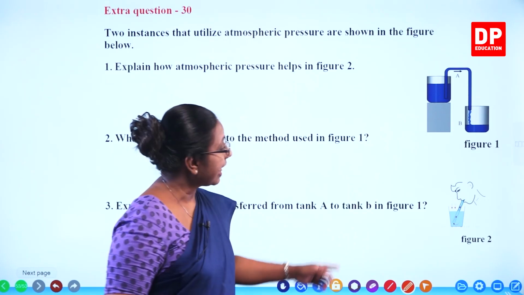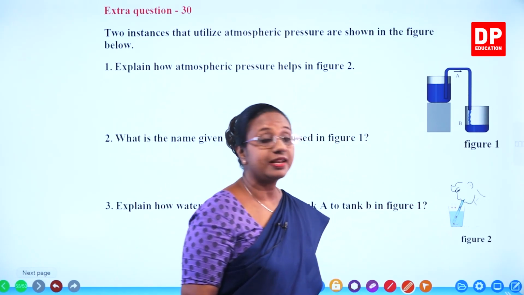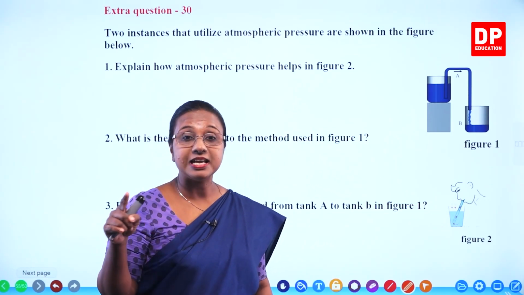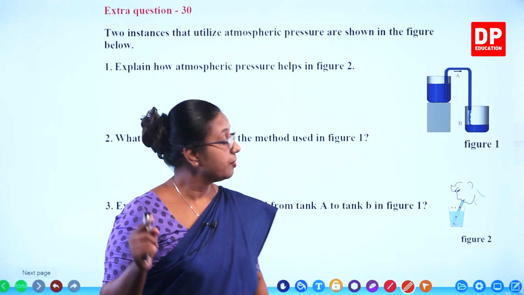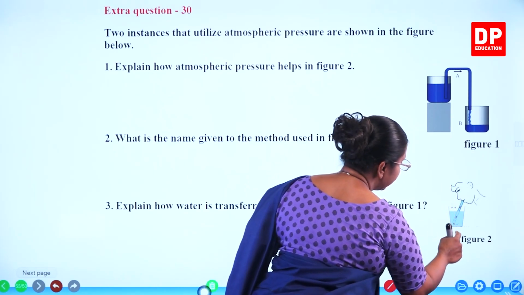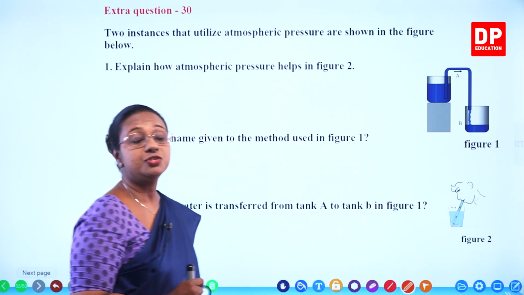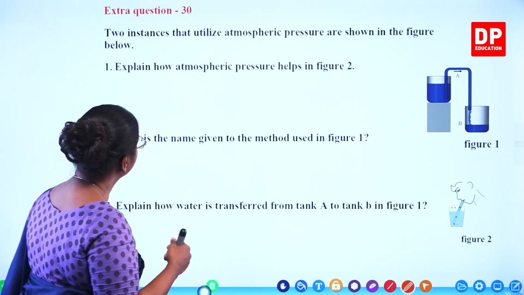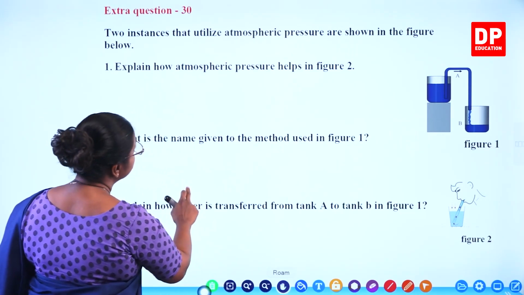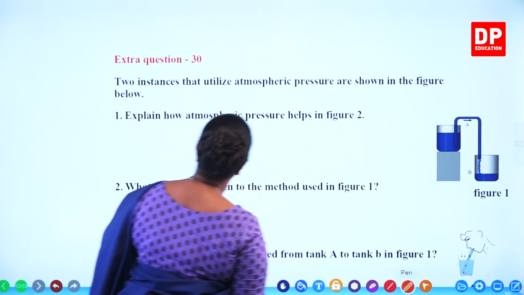So the atmospheric pressure here is greater than the pressure exerted by the air inside the straw. Because of that, it pushes the liquid or water into the straw. That is how it helps to drink water from the straw.